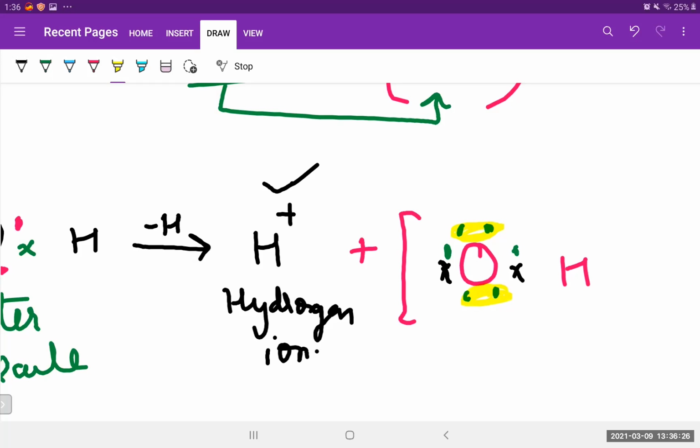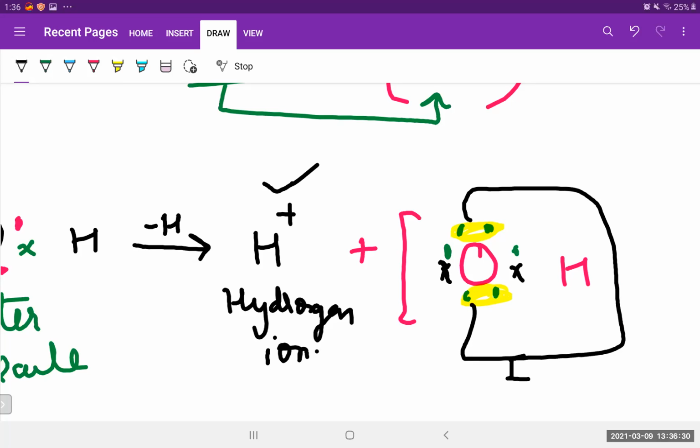We are having 2 lone pairs. This question is asked. So after the removal of hydrogen ion from water, the shared pair of electrons remains with oxygen.